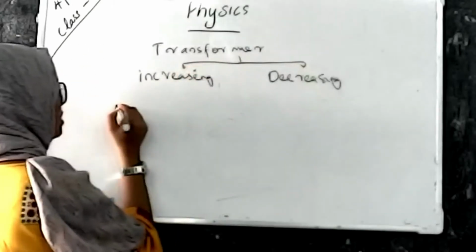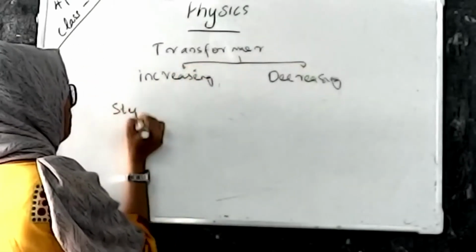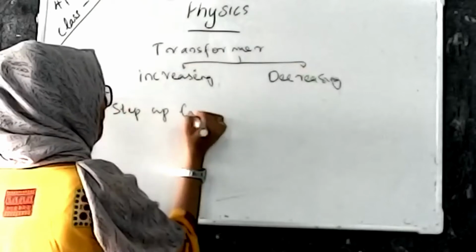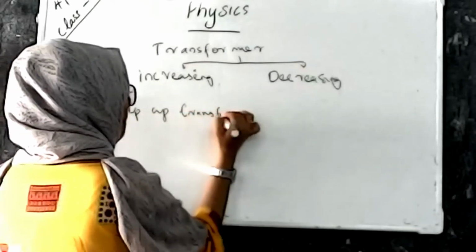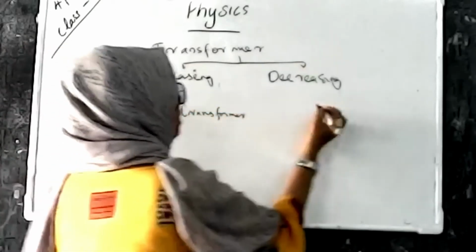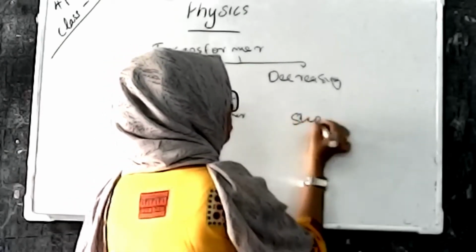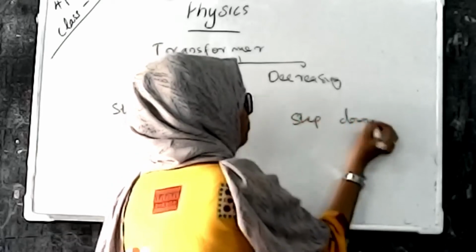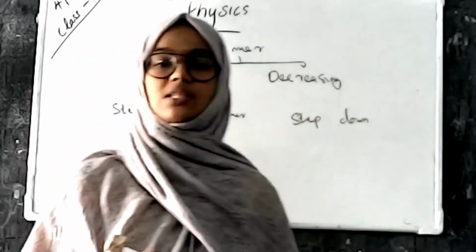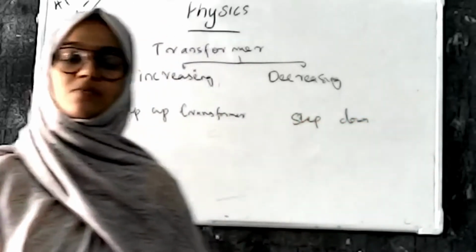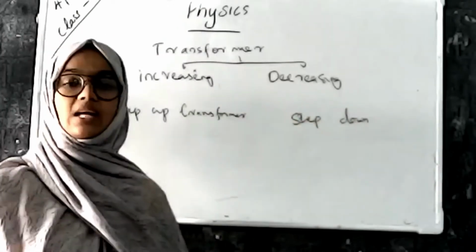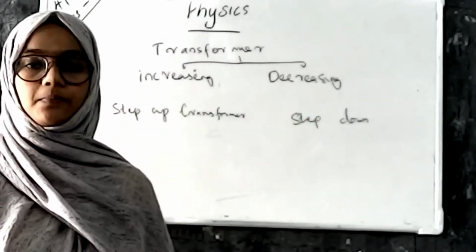The increasing voltage transformer is the step-up transformer and the decreasing AC voltage transformer is known as the step-down transformer.